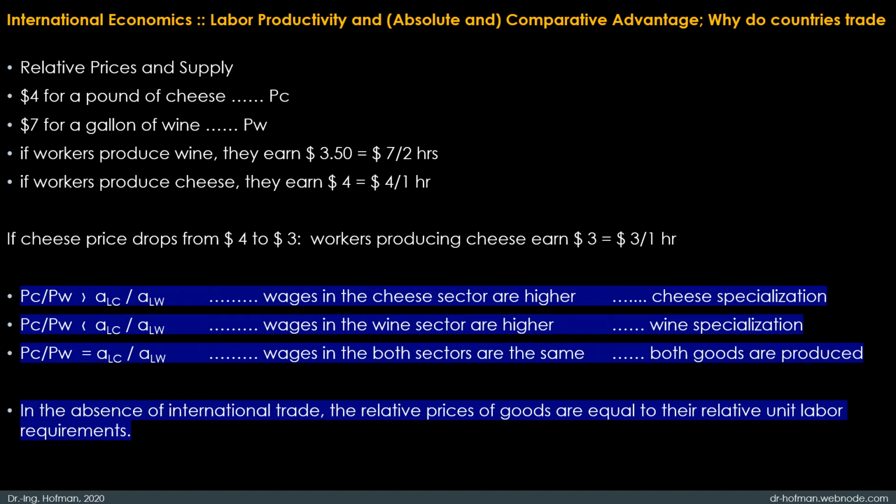But it will produce both goods only if the relative price of cheese is just equal to its opportunity cost. Since opportunity cost equals the ratio of unit labor requirements in cheese and wine, we can summarize that determination of prices in the absence of international trade with a simple labor theory of value. In the absence of international trade, the relative prices of goods are equal to their relative unit labor requirements.